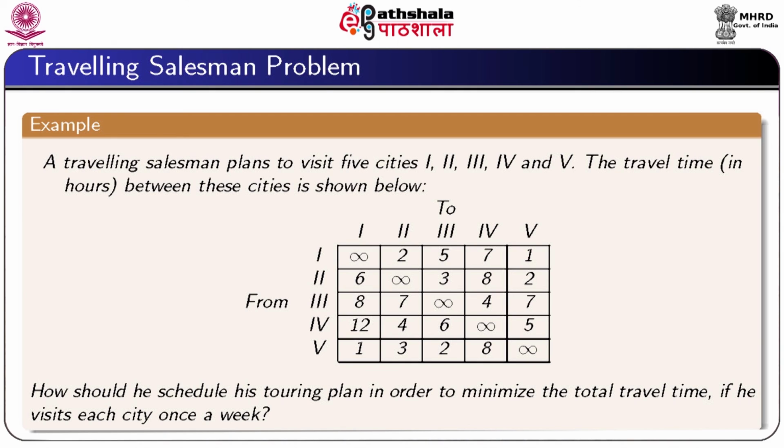You see that the travel time from city 1 to city 1, city 2 to city 2, city 3 to city 3, similarly city 4 to city 4 and city 5 to city 5 is taken as infinity, because the salesman need not travel to the same city, he has to travel from one city to another one. Now, the problem is how should he schedule his touring plan in order to minimize the total travel time if he visits each city once a week.